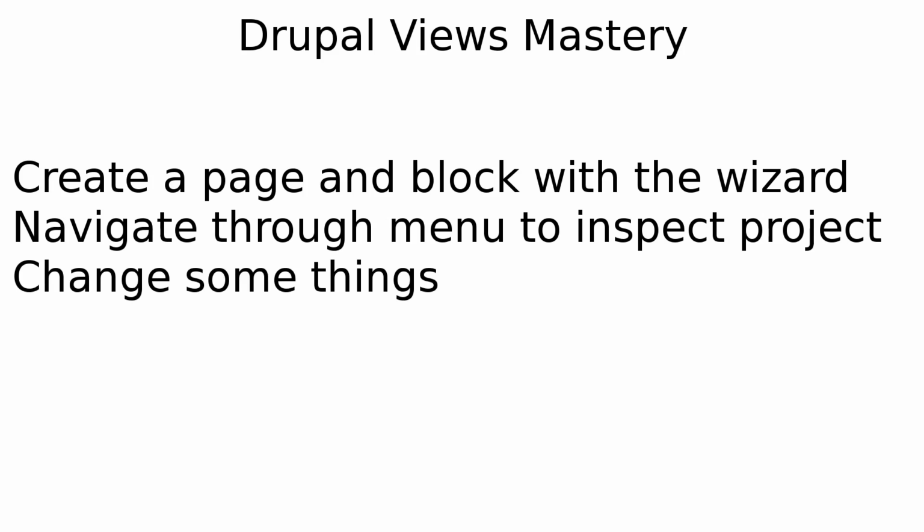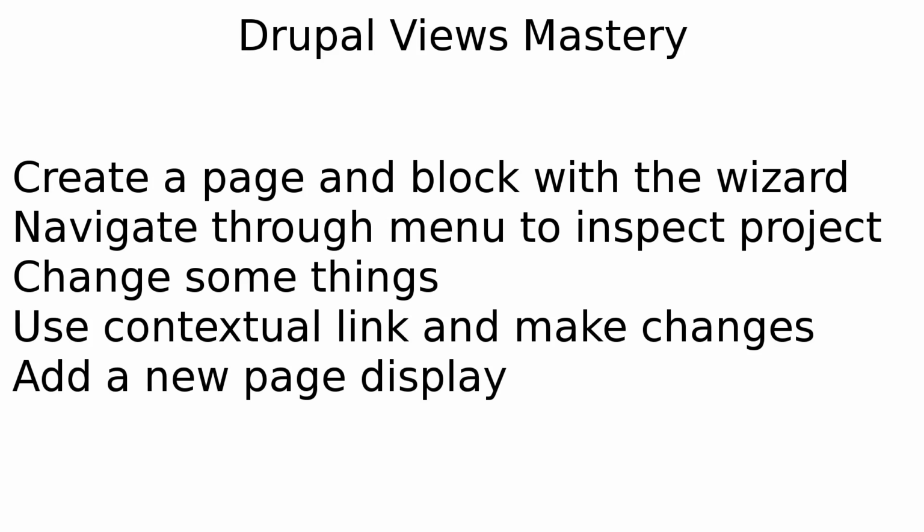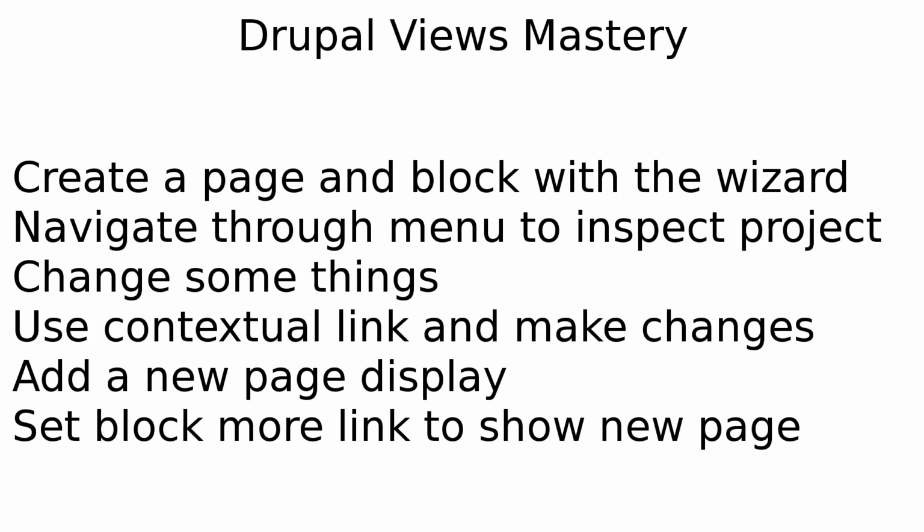I changed a few things and showed you those changes. I returned to edit the View project by using a contextual link and made a few more changes. I finished up by adding a new page display to the project and telling the block to show that page when I click the More link.